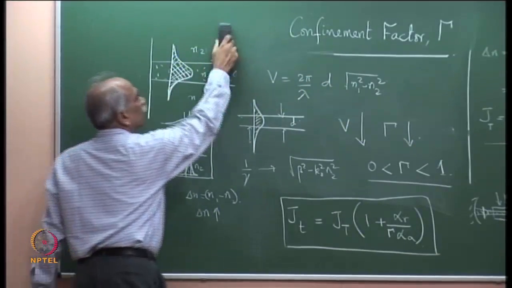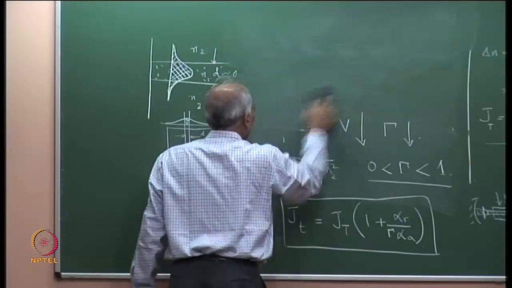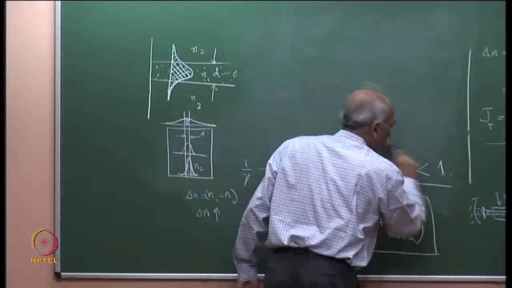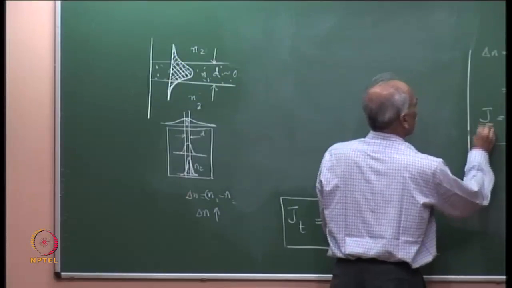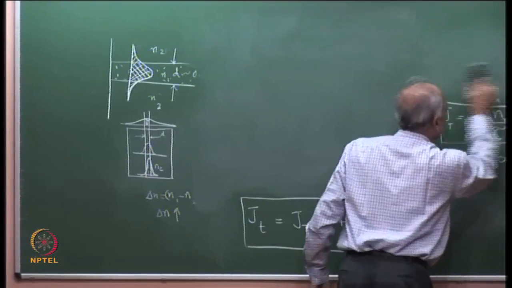Now, let me plot this gamma. How would this gamma look like with D? So, first thing is here, this is the expression J N T is here. Let me erase the rest of them.